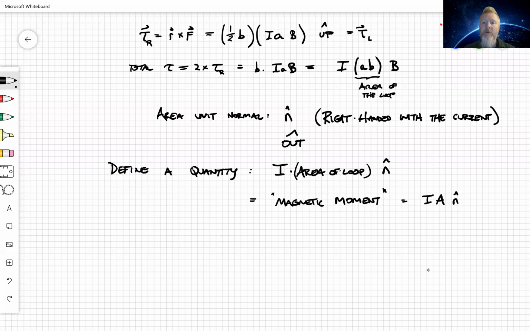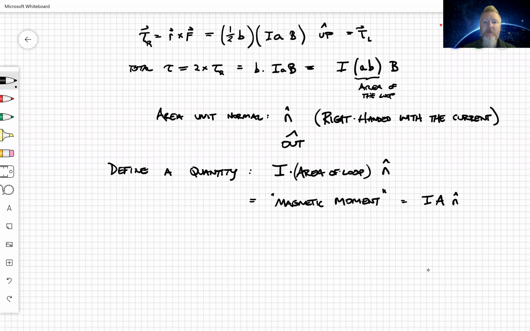That is typically known by the symbol mu. Therefore the torque on a current loop is generally written as mu cross B, because the n hat vector is what gives the magnetic moment its vector nature. So n hat crossed with B gives you an upwards pointing torque. If you already had rotation, you'd know which direction the torque was anyway. So that is the torque on a current loop.